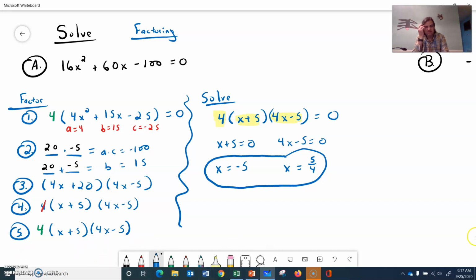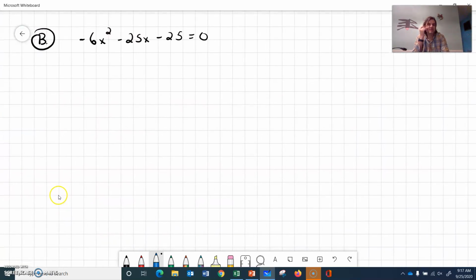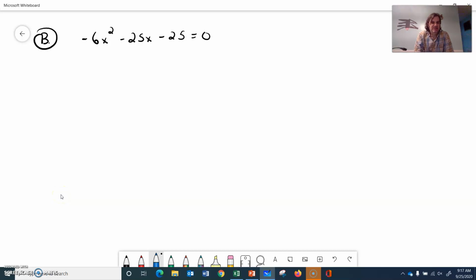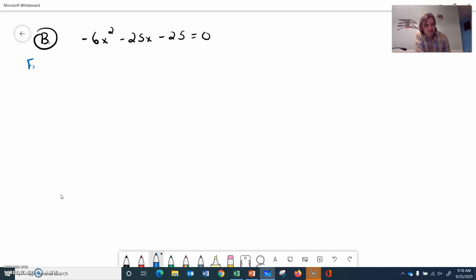Okay. So let's do another one here. B is negative 6x squared minus 25x minus 25 equals 0. So let's start with our factoring. So step 1. 6, 25, and 25 do not have a common factor, but one thing that really bugs me when I go to factor is if the a term is negative.